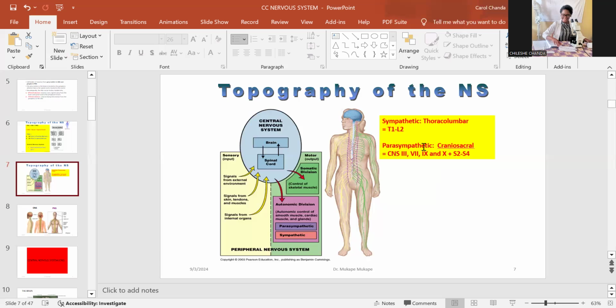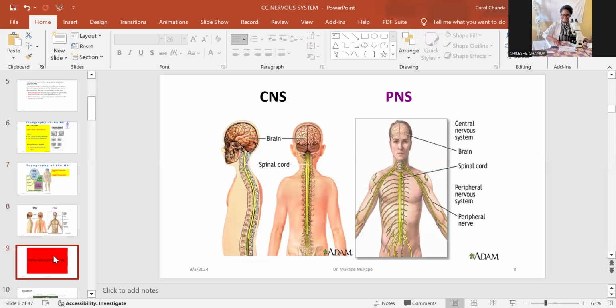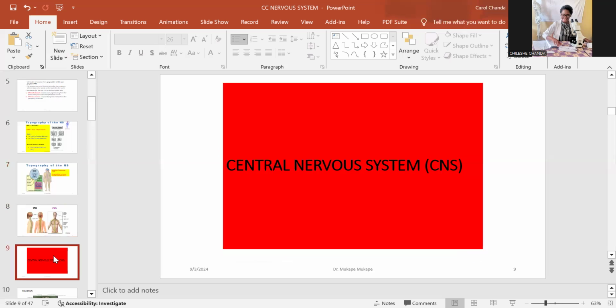So we have oculomotor, cranial nerve 3, and facial, cranial nerve 7, as well as sacral 2 to sacral 4. So sacral 2 to sacral 4 and cranial 3, 7, 9, and 10. This is the craniosacral outflow, and that is what is going to make up the parasympathetic nervous system.